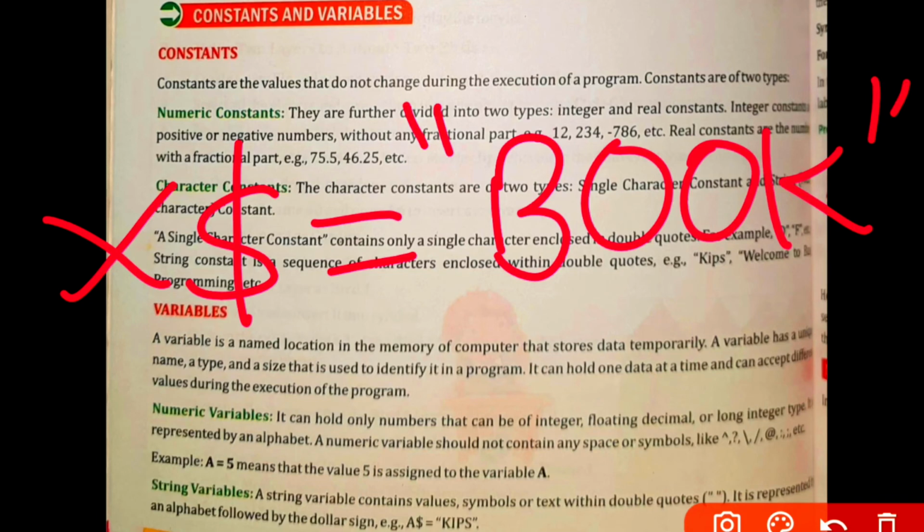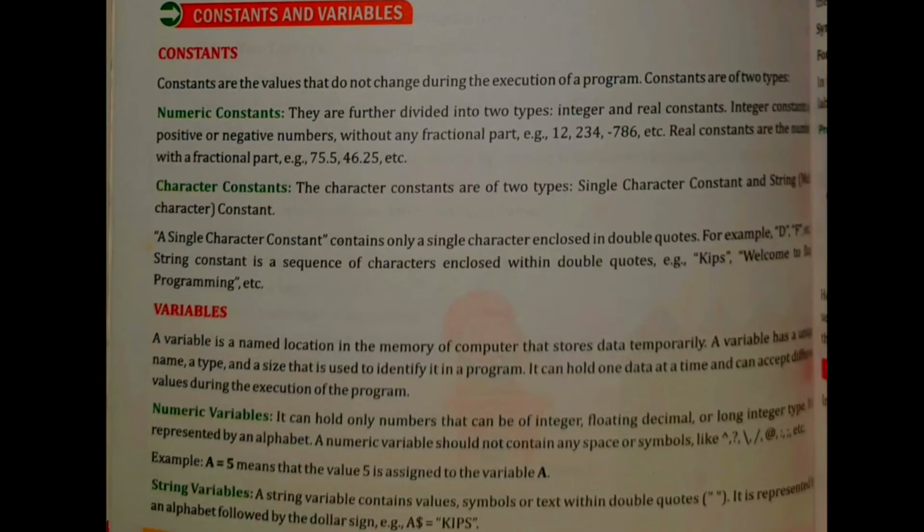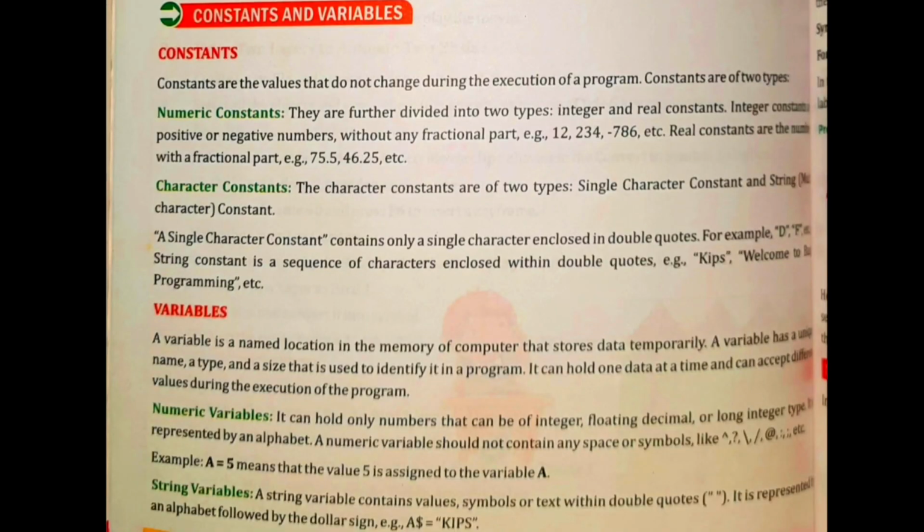I hope these words are very much clear to you now, that is constants and variables. Two types of constants: numeric constants and character constants. Two types of variables: numeric variables and string variables.